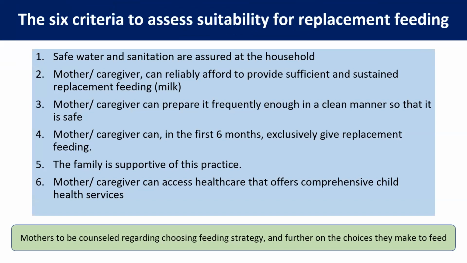Is it feasible for them to prepare it frequently enough in a clean manner so that it is safe? And for the 6 months, can exclusive replacement feeding be given? Is it possible for them? And the family is supportive of this practice. And the mother and caregiver can access healthcare that offers comprehensive child health care services. The mother should be counseled regarding choosing a feeding strategy, and the choices they make to feed should be respected.